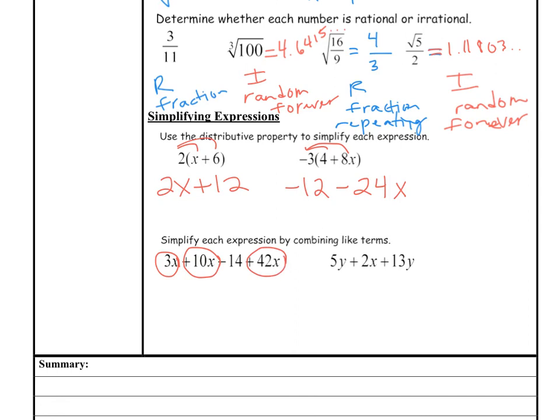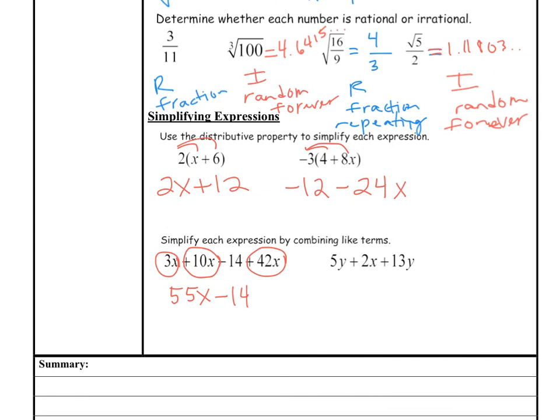So I add those all up. 3x plus 10x would give me 13x. 13x plus 42x would give me 55x. And then -14 doesn't have any friends. He's not the same as the other guys because he does not have an x, so we just bring him down.